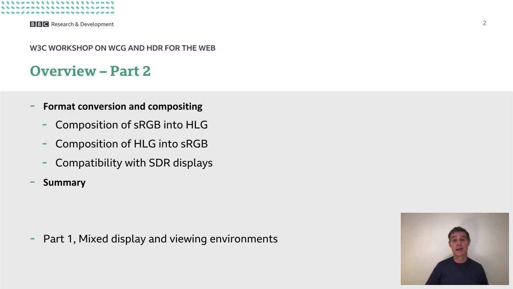So we're going to explain how to convert an sRGB signal into an HLG signal, how to go from HLG into sRGB, and we're also going to talk about the backwards compatible nature of the HLG signal, which will allow you to deliver a high quality SDR signal on a wide color gamut SDR display, which might negate the need for bespoke format conversion in certain situations.